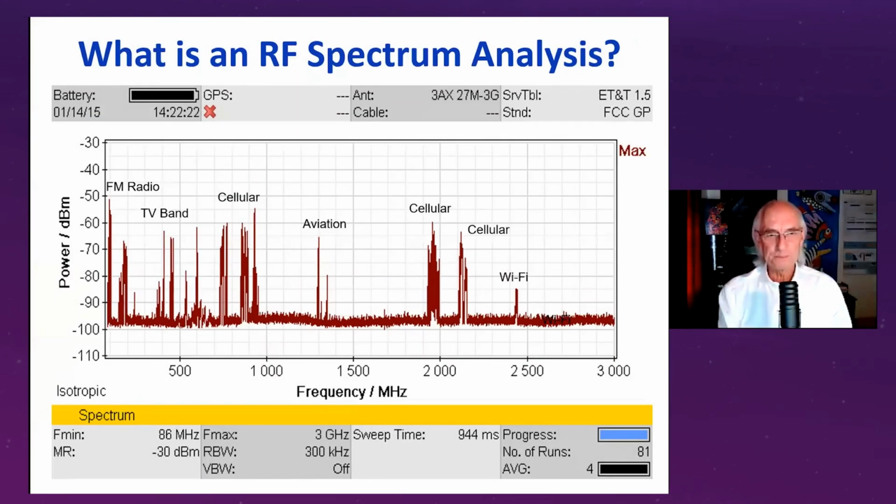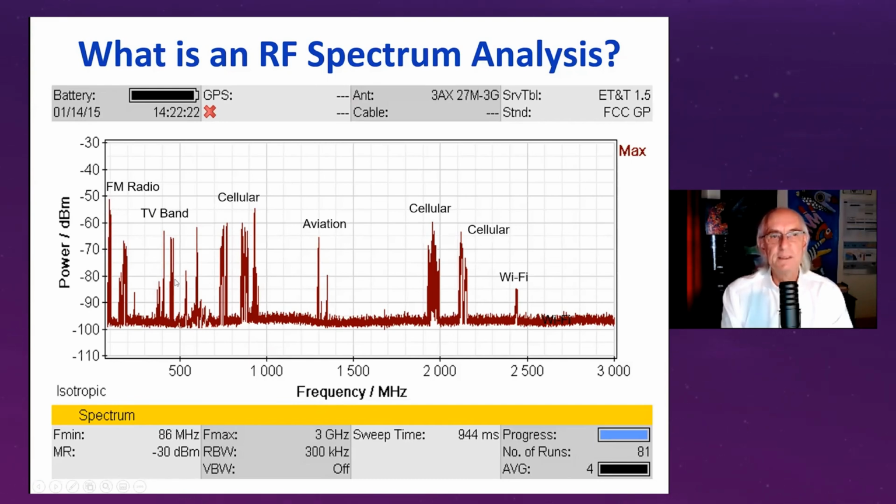How does it work? Well, you have a scale down here, which shows you the frequency in megahertz, so 500, 1,000, 1,500, and so on. And then we have a scale of amplitude. That means the power, how much is there. Now, this is a logarithmic scale. And then we know what kind of frequencies are associated with what kind of service. So this is FM radio, all the FM radio stations.